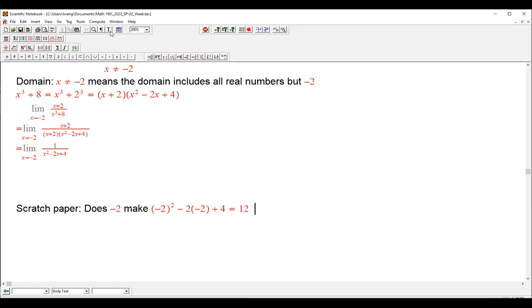This means -2 is in the domain of this reduced function, this new function.